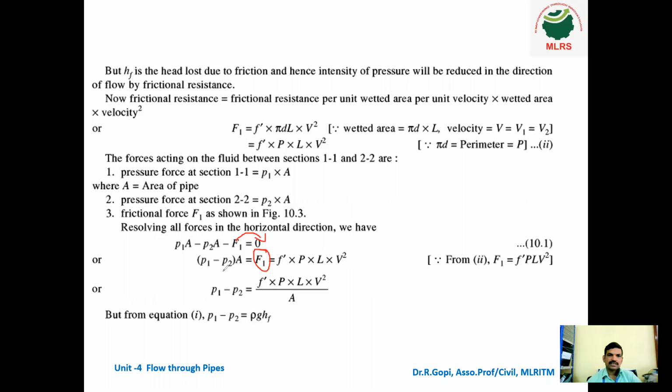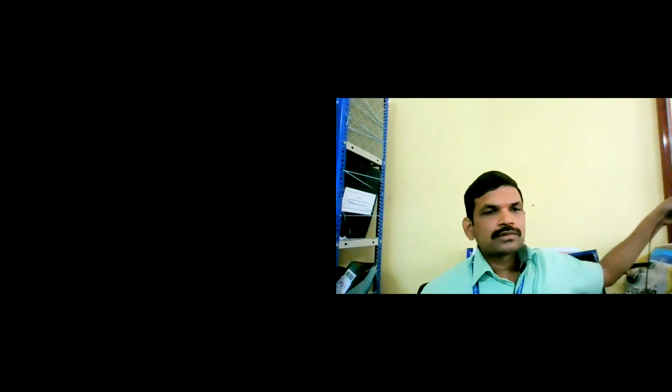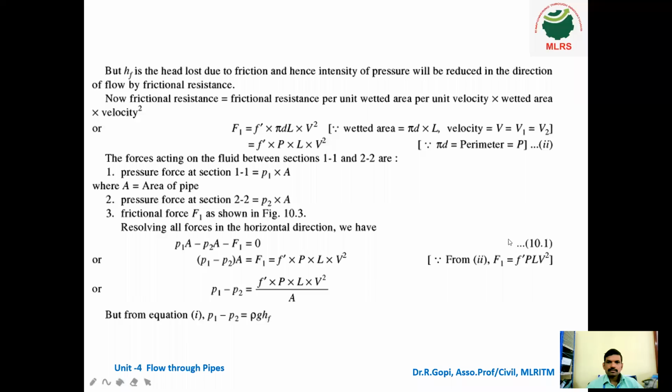Finally (P1 minus P2)A is equal to F' into P into L into V squared. So this A will come into the denominator. So this is the second formula.